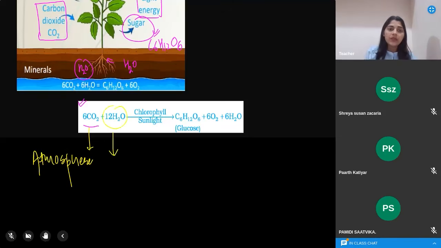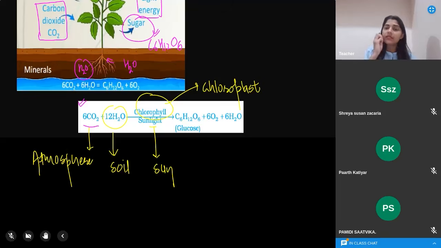They'll be obtaining water from the soil, sunlight from the sun. Chlorophyll was already there in the chloroplast. Where in the chloroplast this chlorophyll is present, that also I'll tell you. They are going to form this product, glucose. They are releasing oxygen as the byproduct.